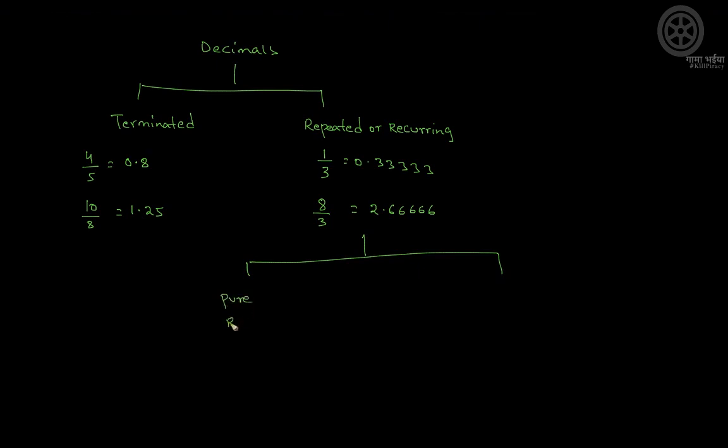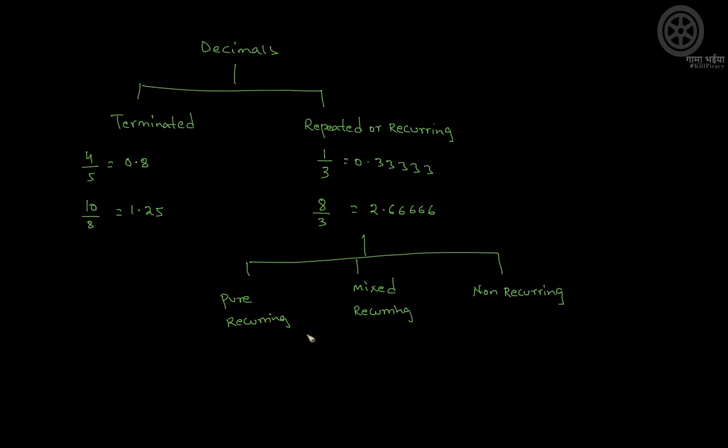Pure recurring, mixed recurring, and then the third one, non-recurring. What we have?